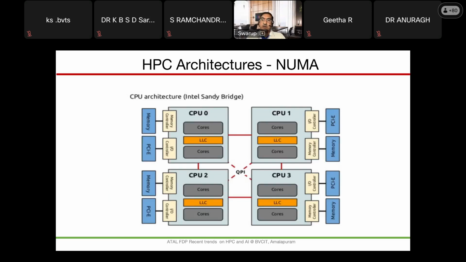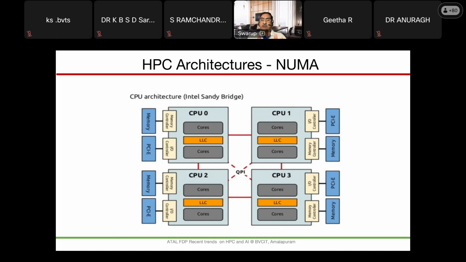Intel has now moved on to the next interface also. Whenever I talk about interconnects, there are two types. One is the CPU interconnect, which is different from the interconnect connecting the nodes. We'll see the difference in the subsequent slides.